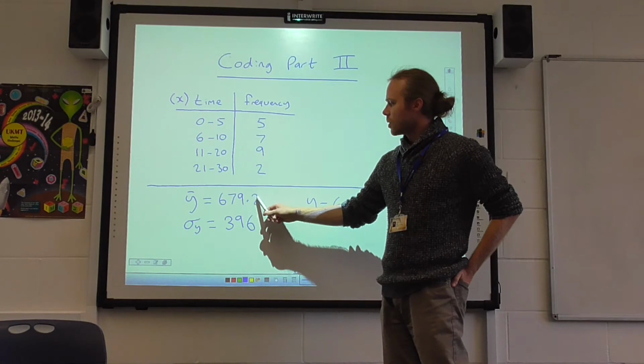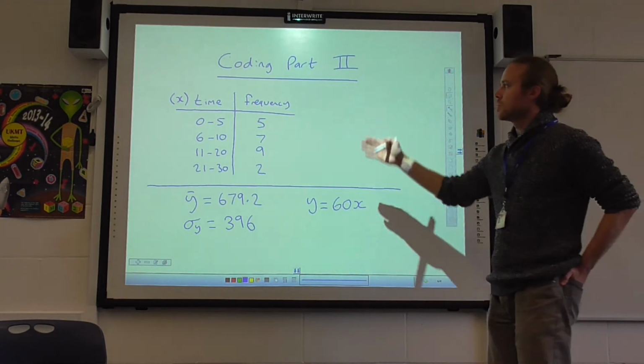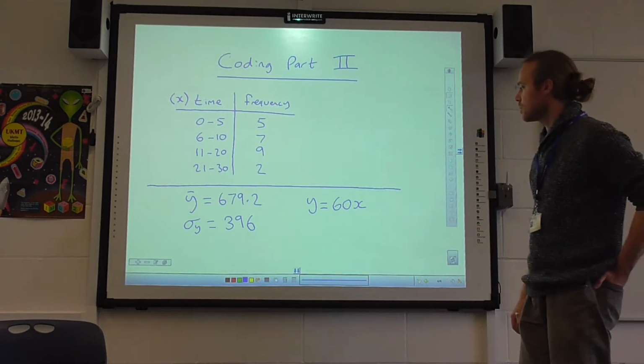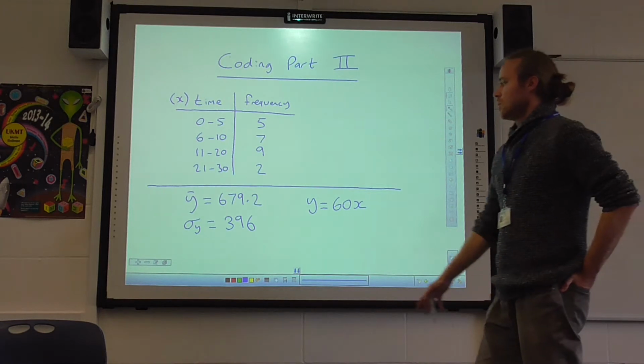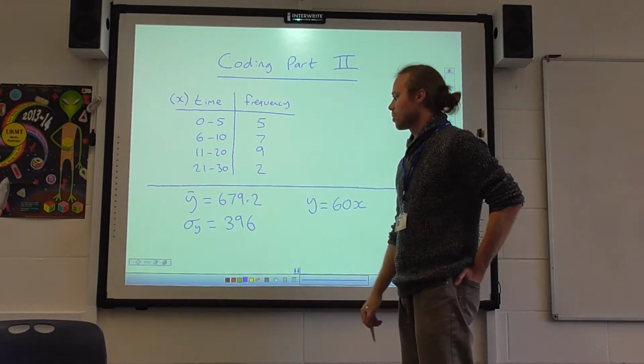If we know the mean and the standard deviation for y, we can use this code to work out the mean and standard deviation for x by undoing the code. You need to be thinking carefully about how the mean and the standard deviation were affected.